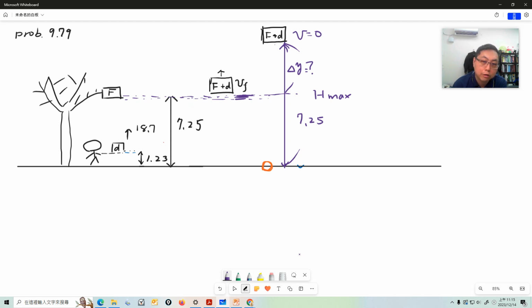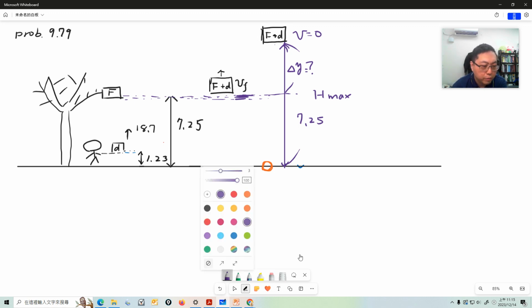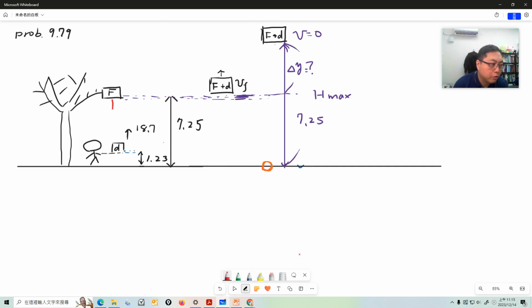We have to consider the velocity just right before the inelastic collision. Initially you throw the dirt vertically upward with 18.7 initial velocity. Just right before the collision, what is the velocity?